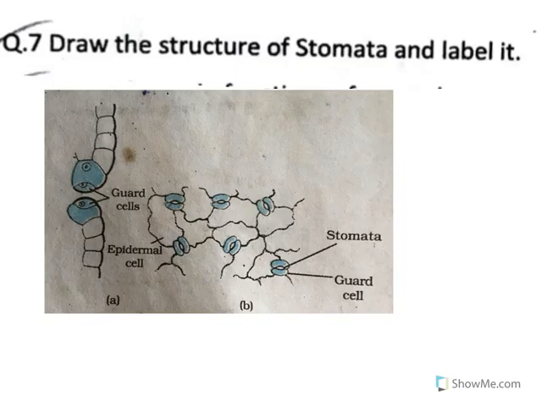Draw the structure of the stomata and label it. Now here we have the structure of the stomata. This part is important. Here these are the kidney shaped guard cells. Let me just draw. You have to draw it like this. These are kidney shaped guard cells. This is the stomata, the opening.